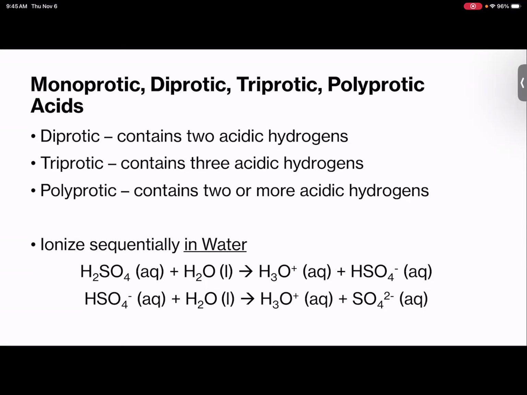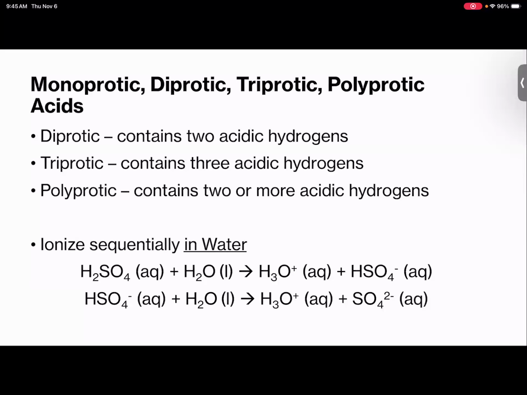Now, when we do have a polyprotic acid, the acid is going to dissociate or ionize in sequential steps. For example, sulfuric acid is going to donate one proton to water to make hydronium and the hydrogen sulfate ion, and then the hydrogen sulfate ion is going to donate a second proton to water to make a second hydronium and the sulfate anion.